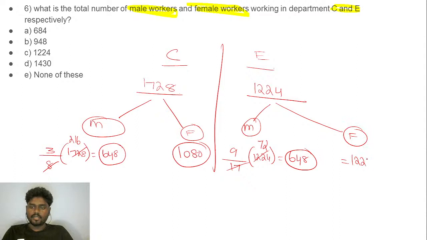From 1,224, if you subtract 648, this gives you 576.